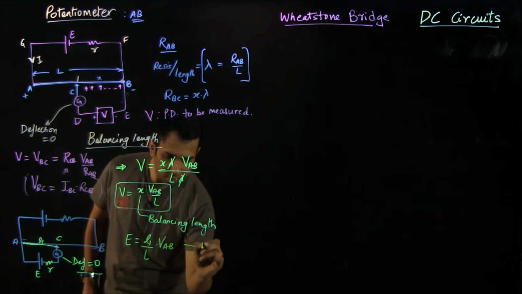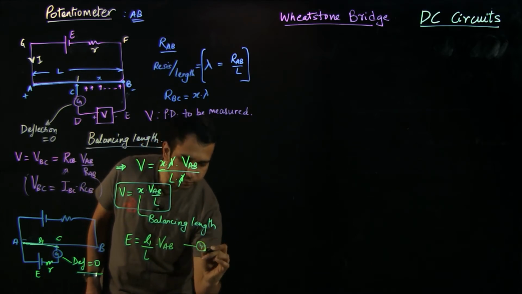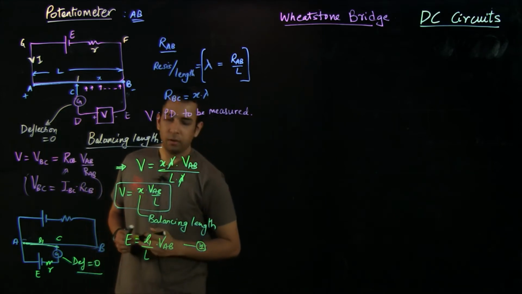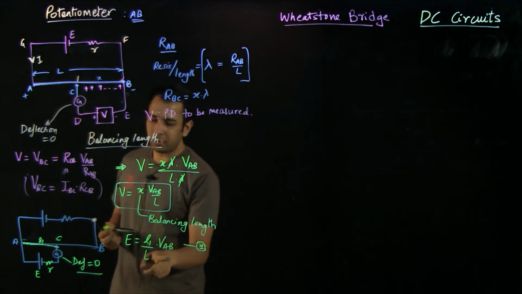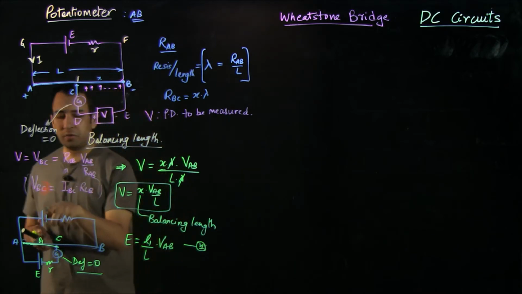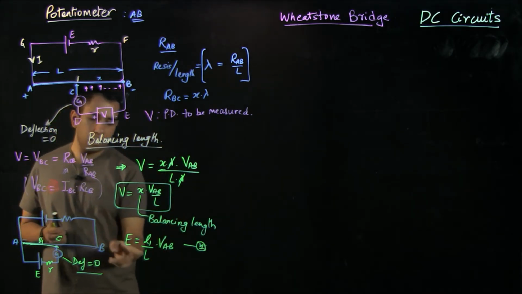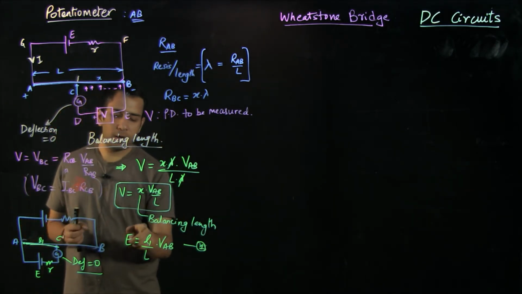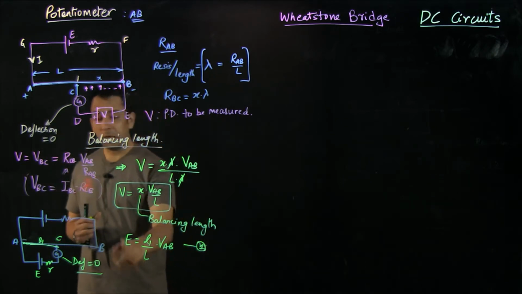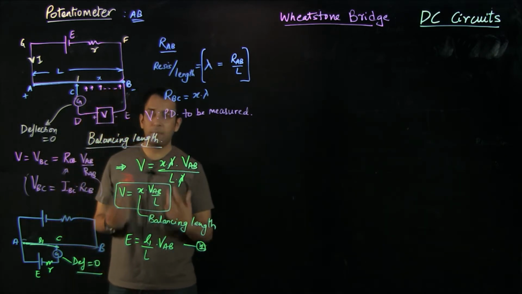So this is our first equation. VAB is known to us because we know the battery which we are applying here and the resistance. We know the total length of the potentiometer, and now we know the balancing length. So we can find out E, the EMF of the cell.